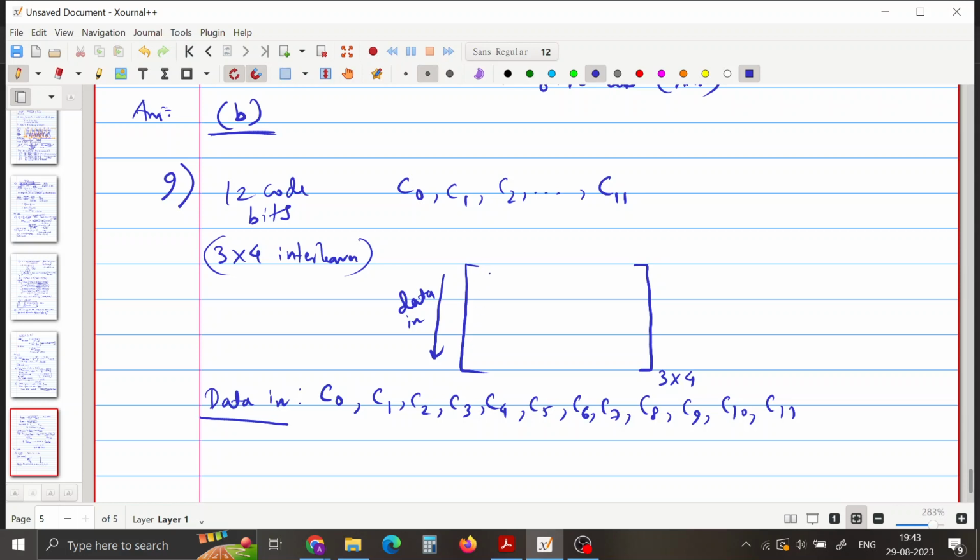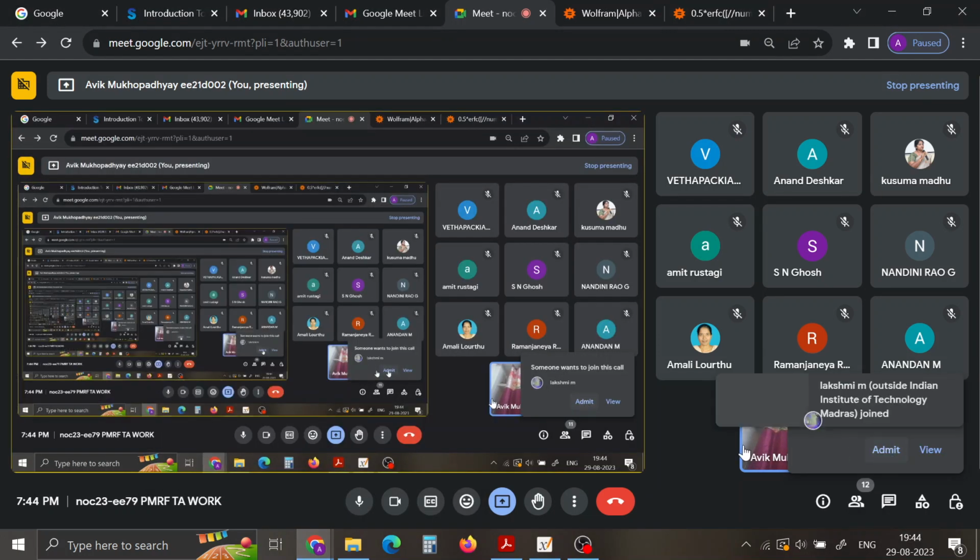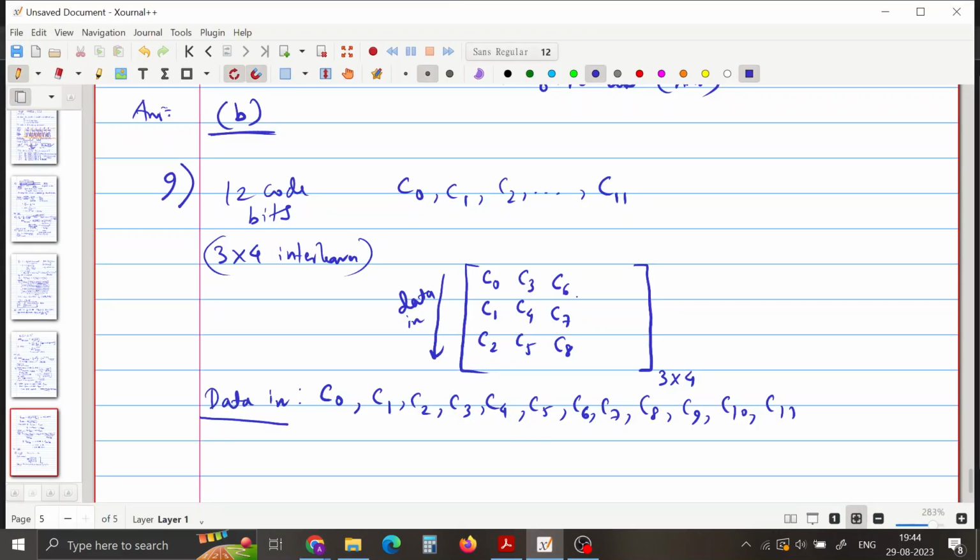First column, C0, C1, C2. We have reached the third row, the size is 3x4, so now you go to the next column: C3, C4, C5. Then the next column, C6, C7, C8, and lastly C9, C10, C11.